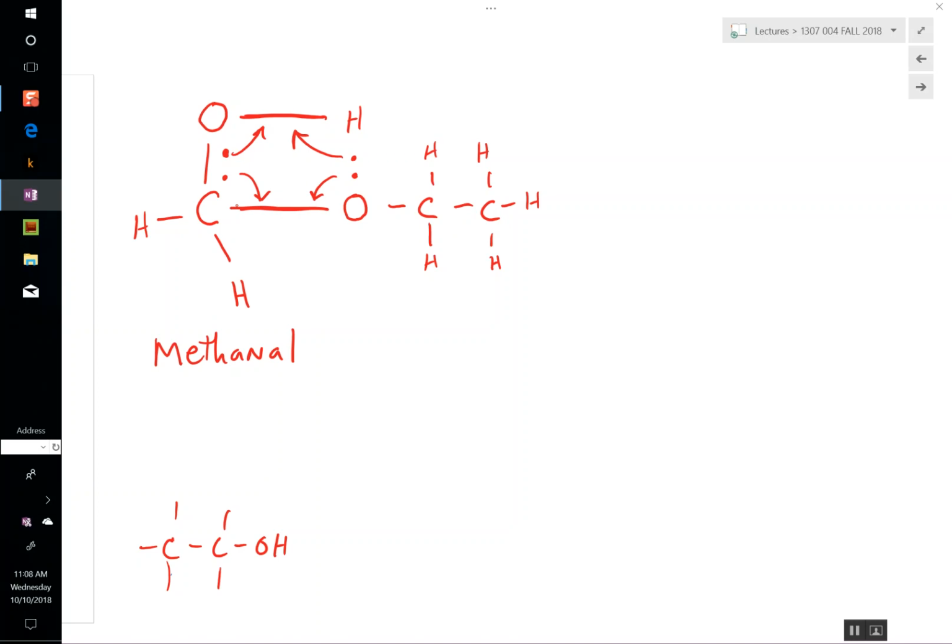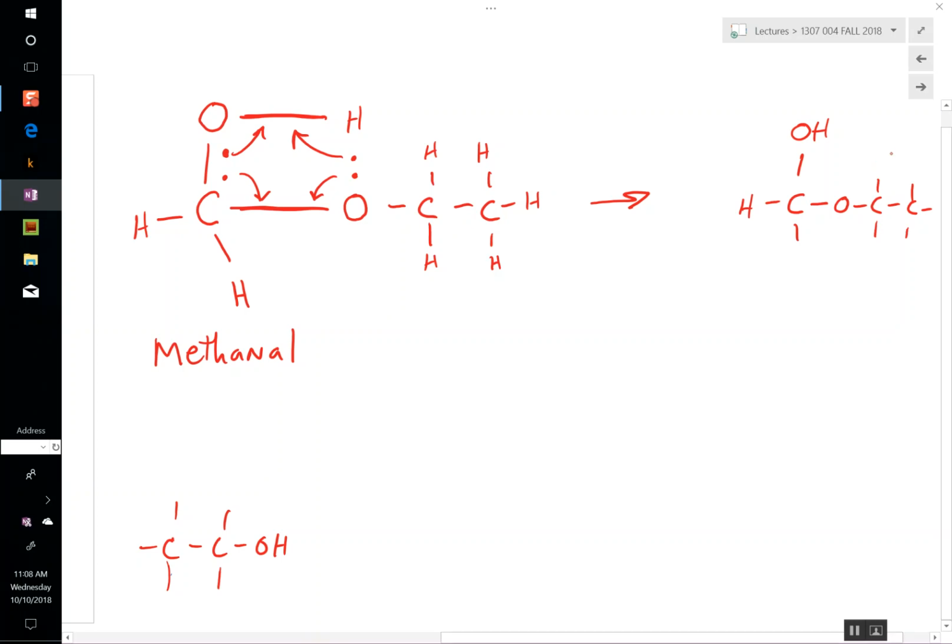We're adding an alcohol across a carbon-oxygen double bond, and that's the hemiacetal. This is a hemiacetal reaction. And so the end product is going to look like this. We're going to have an OH up here, and we're going to have the rest of the alcohol on the carbon.